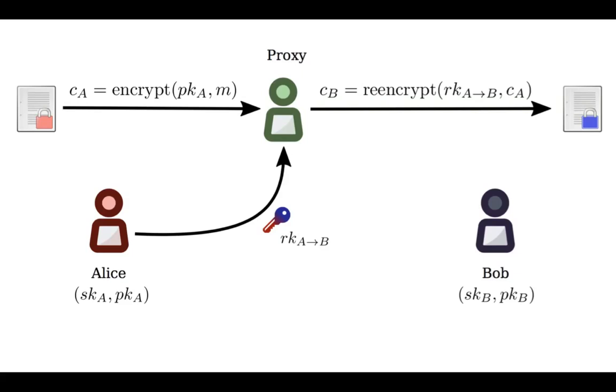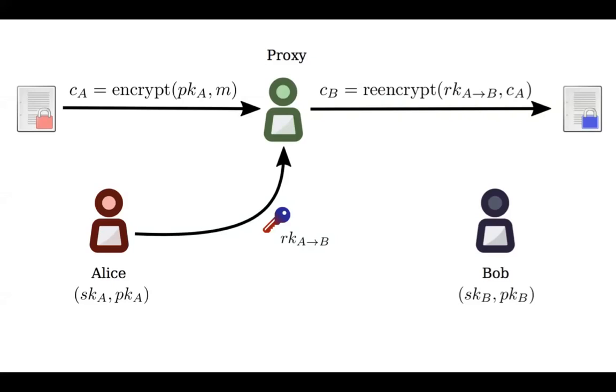And then Bob can decrypt the data with his private key. So this means that Alice has effectively given Bob access to this data without giving away any knowledge of her private key. And this has been performed by a proxy, again, without the proxy having any knowledge of either the plain text data or Alice's private key.